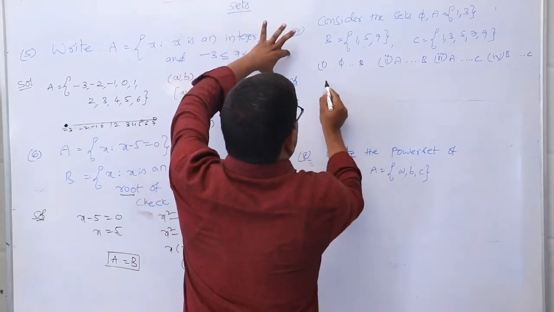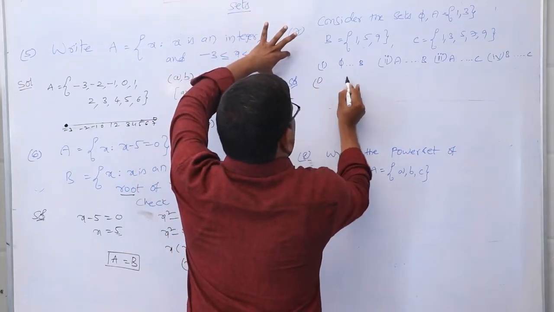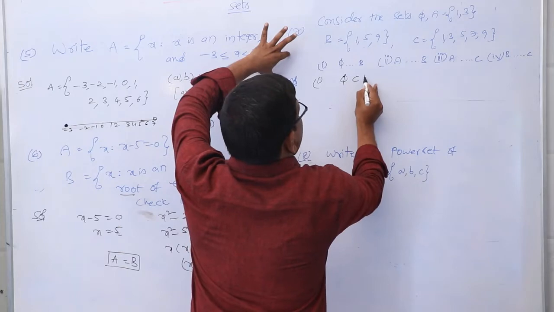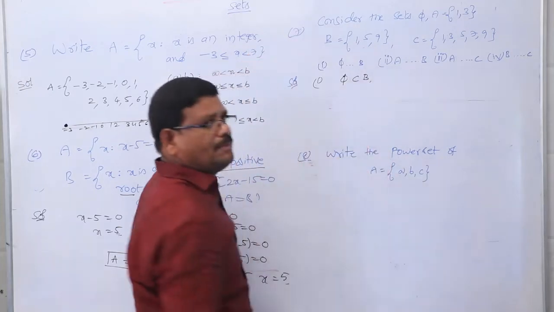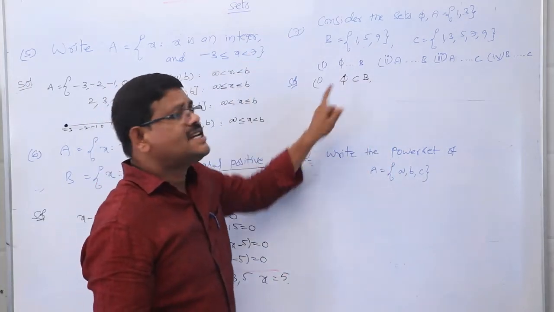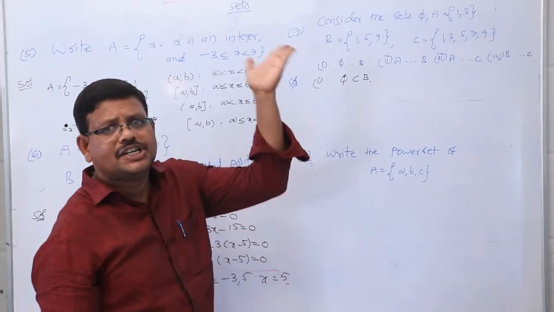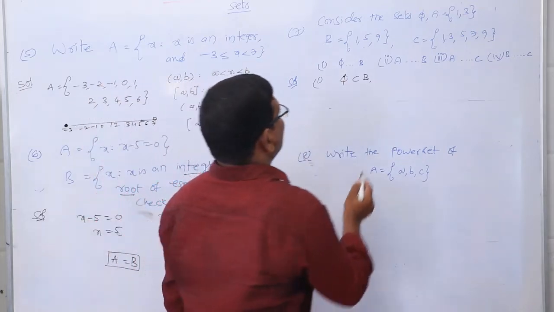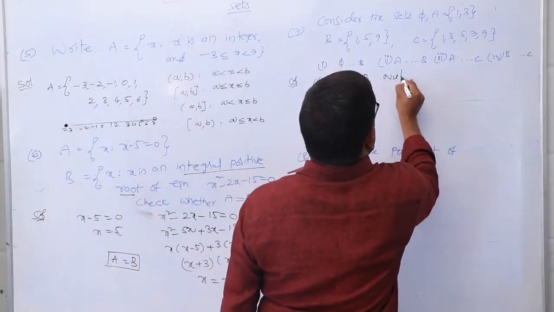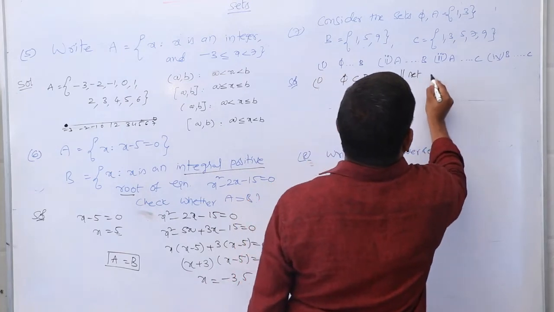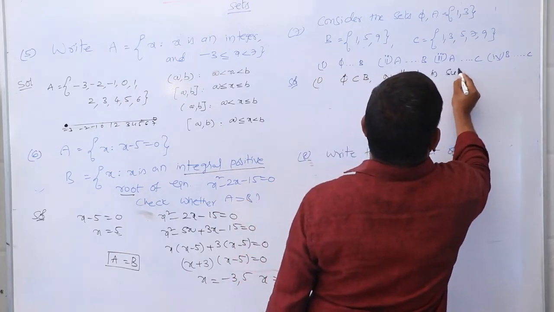So here the first is: the empty set is a subset of B, because the null set, the empty set, is a subset of each and every set.